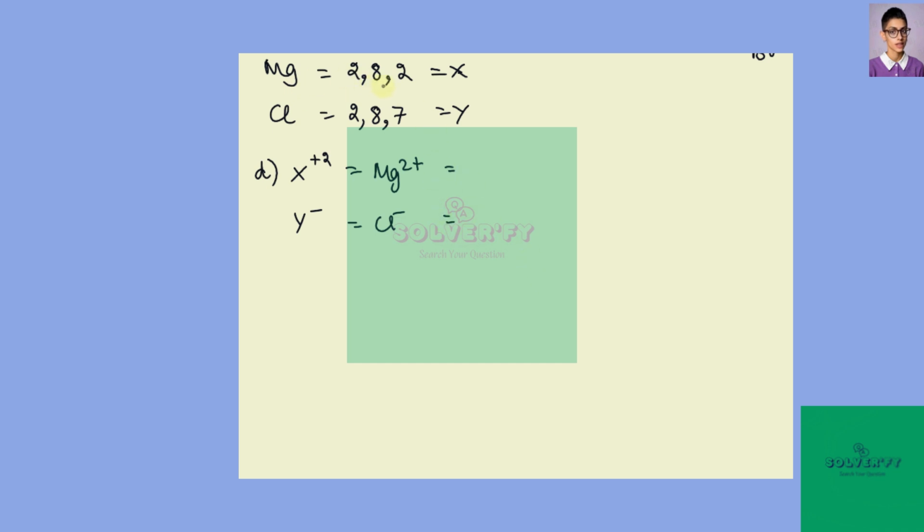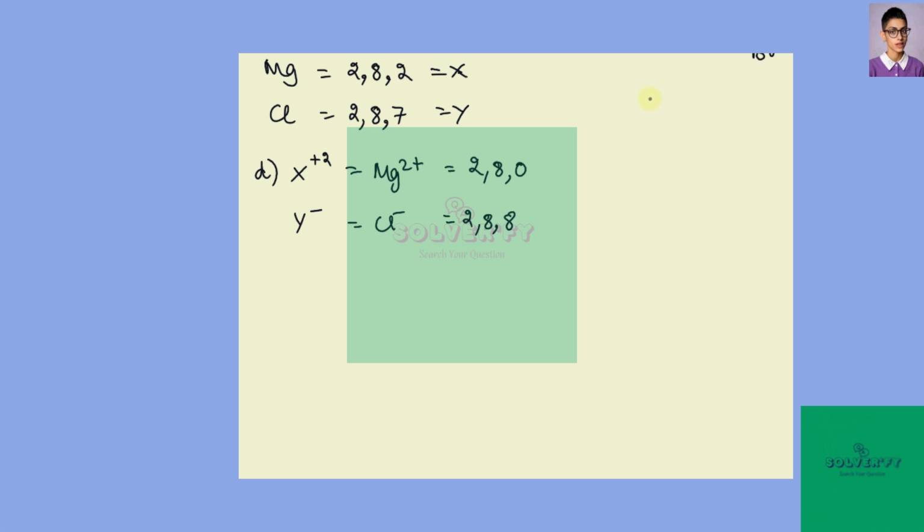The configuration of magnesium was 2, 8, 2. If it loses 2 electrons, its configuration will be 2, 8, 0. This shell will become empty. Now this is chlorine. The chlorine configuration was 2, 8, 7. If it gains 1 electron in its last shell, it will become 2, 8, 8. So these will be the configurations of the X and Y ions.